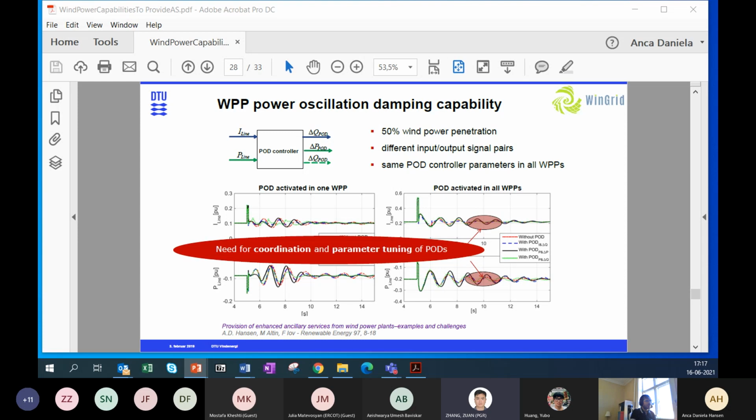What's your suggestion on the POD signals? Because when the wind power plant receives the POD signal, it should send the signal to each wind turbine. So how does the wind power plant distribute the POD signals?